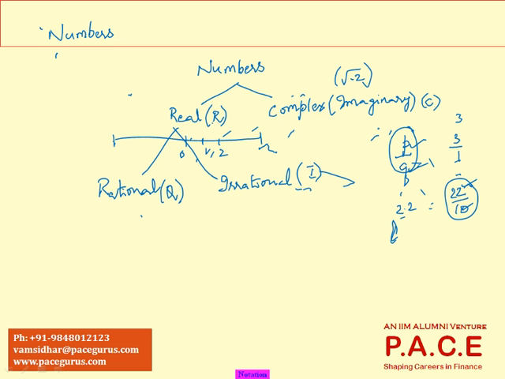Any number which is not rational, we treat as an irrational number. So mostly all normal numbers, fractions, or even decimals, they all go as rational numbers. But something which does not have any ending, let's say the square root of 2.